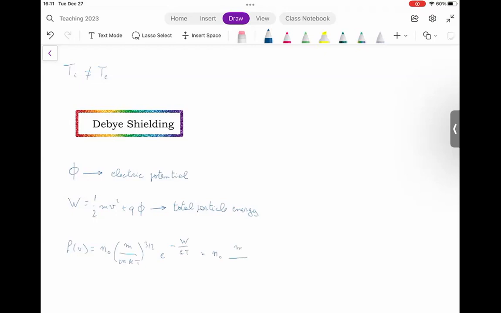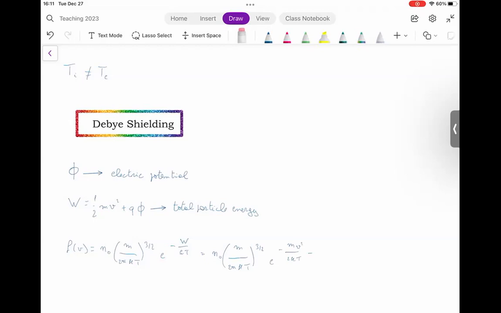Or if I copy the expression from above, that's going to look as follows. I'm going to have n0 times m divided by 2 pi kT all to the power 1.5, times the exponential of minus mv squared over 2kT.